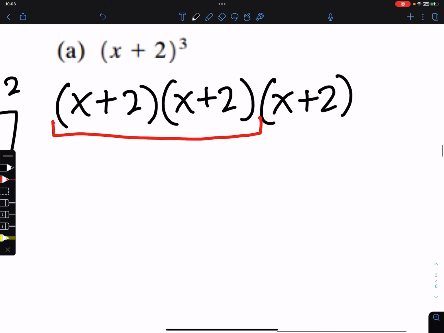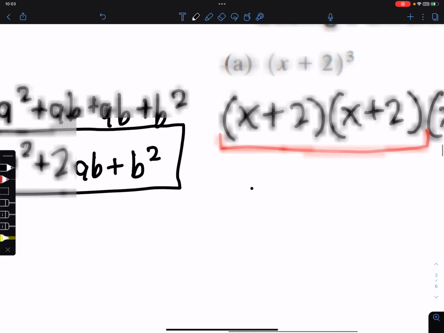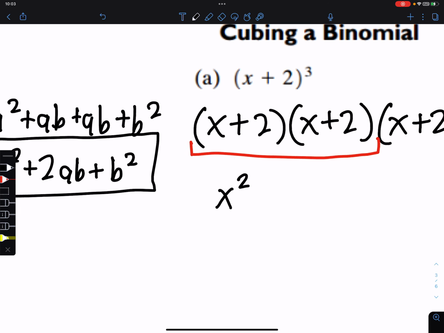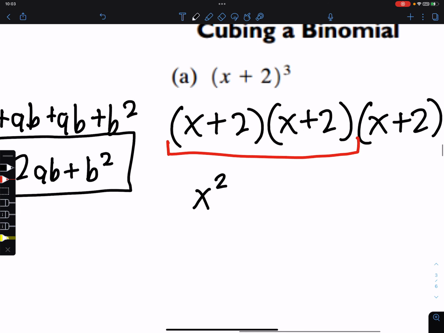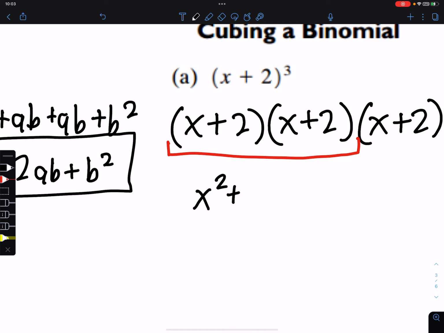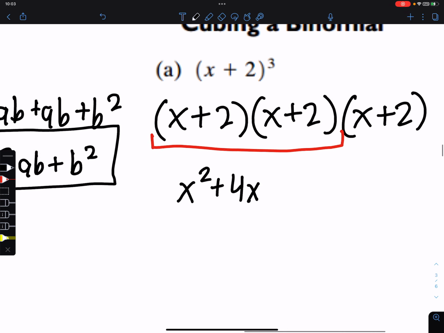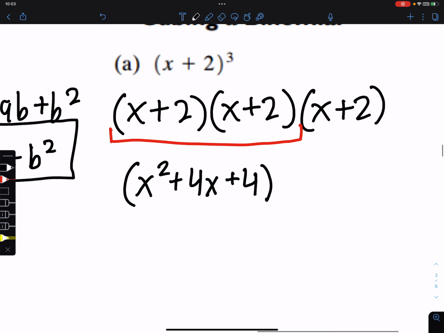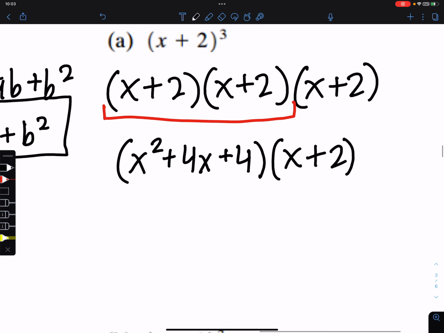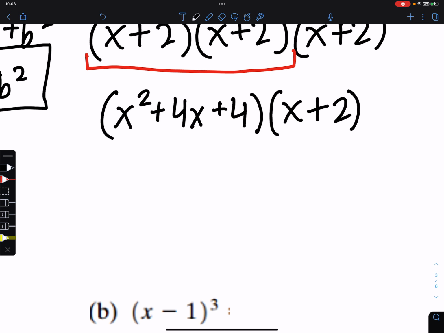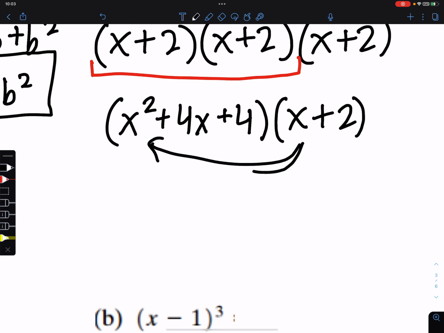This is just a plus b squared. So a plus b squared is equal to a squared, which is x squared, plus 2ab, 2 times x times 2, which is just 4x, plus b squared, which is 2 squared, plus 4. We put this in parentheses, and then this is multiplied by x plus 2. Okay. Now we do our distributive property. This times this, this times this, this times this, okay?